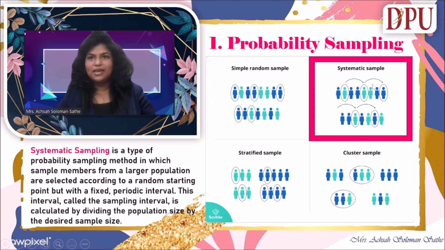It's just the same, but there is a systematic way of choosing it. Here we just pick out anyone from the list, but over here there is a particular starting point and then a systematic way. Can you see they've left 2 and taken the third one, left 2 and taken the third one. So there is a systematic way of choosing them, but obviously it's again a random method.